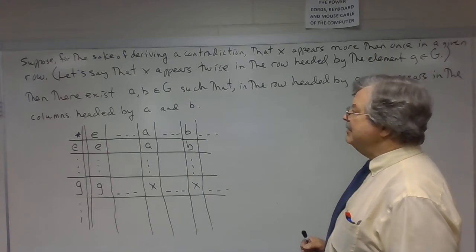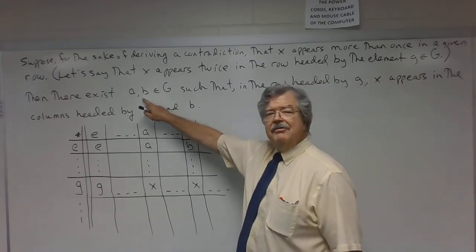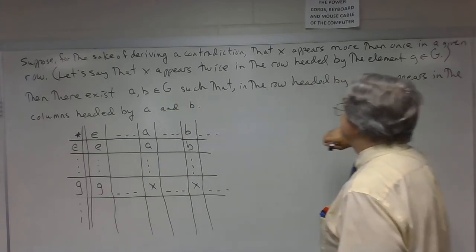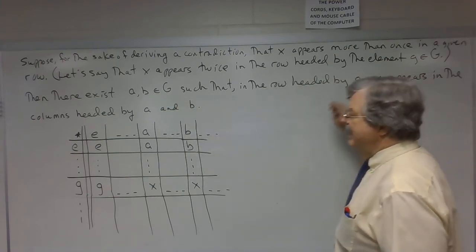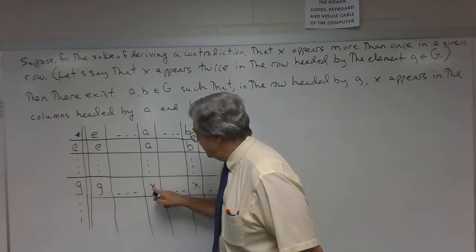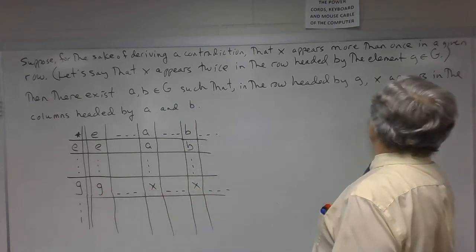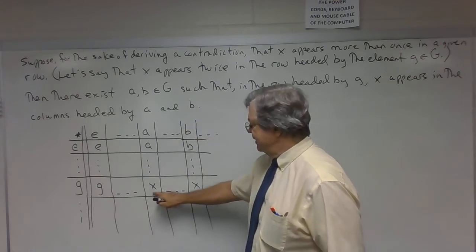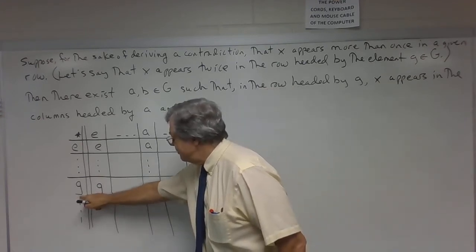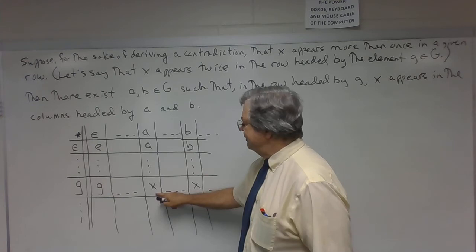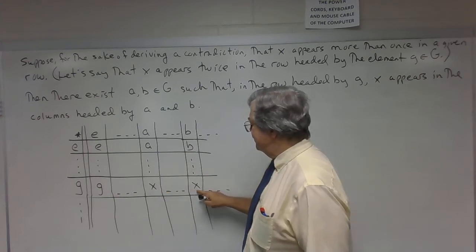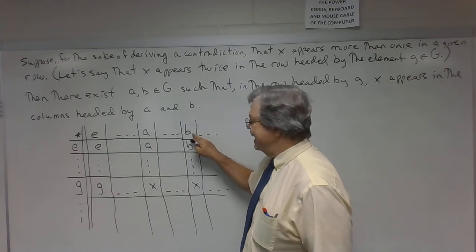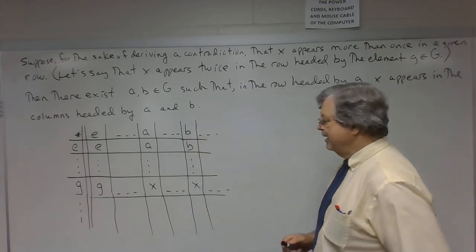So what that means is there exist elements A and B in G, such that in the row headed by G, X appears in the columns headed by A and B. So here's the row headed by G, and X has to appear in at least two different columns, one headed by the element A and one headed by the element B.